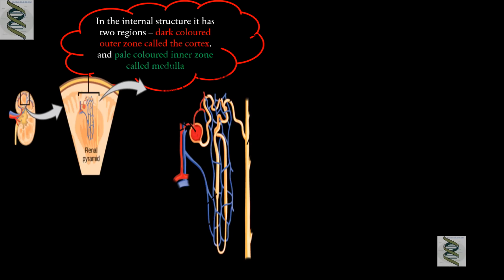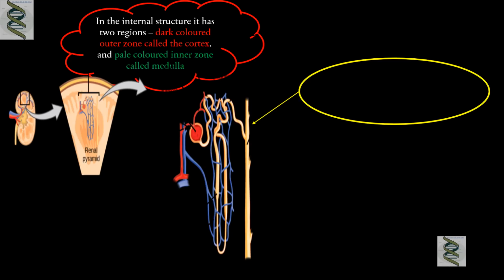Usually, the medullary region appears pale in color. The microscopic units which are considered the functional units of kidneys are nothing but nephrons. Usually 1.3 to 1.8 million nephrons are present in each kidney.